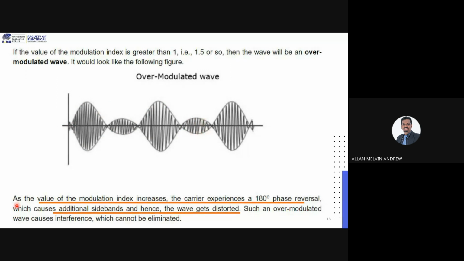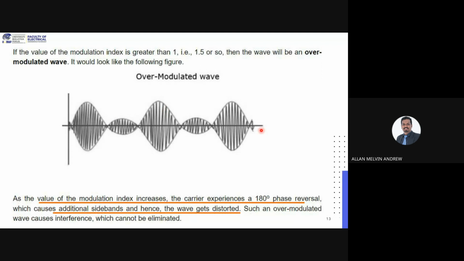As the value of the modulation index increases, the carrier experiences a 180-degree phase reversal. So a phase reversal is happening here. The signal is supposed to go down, but it's going up. This 180-degree phase reversal causes additional sidebands, and hence the wave gets distorted. Once the signal becomes like this, it is distorted and cannot be eliminated at the demodulation stage at the end.